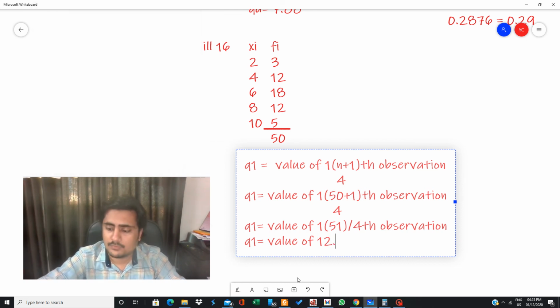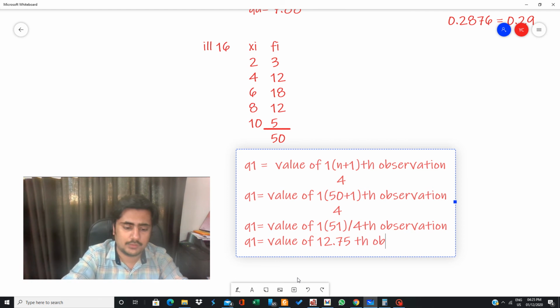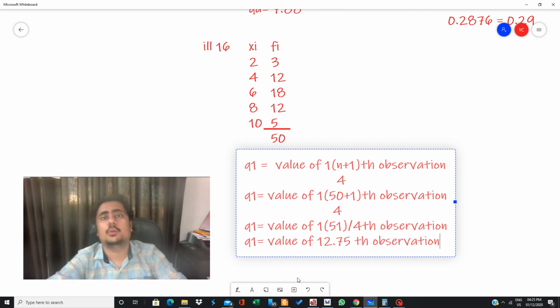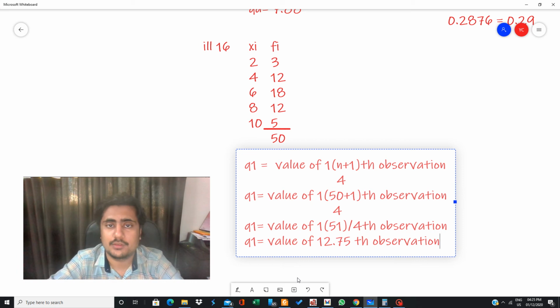Now this 51 by 4 is actually the 12.75th observation.